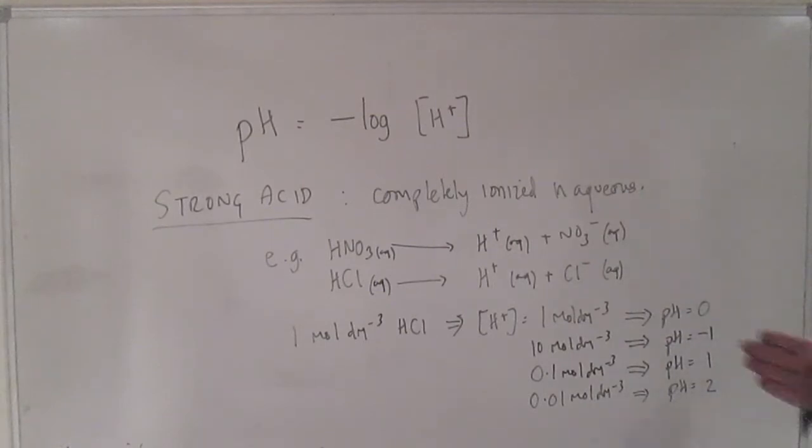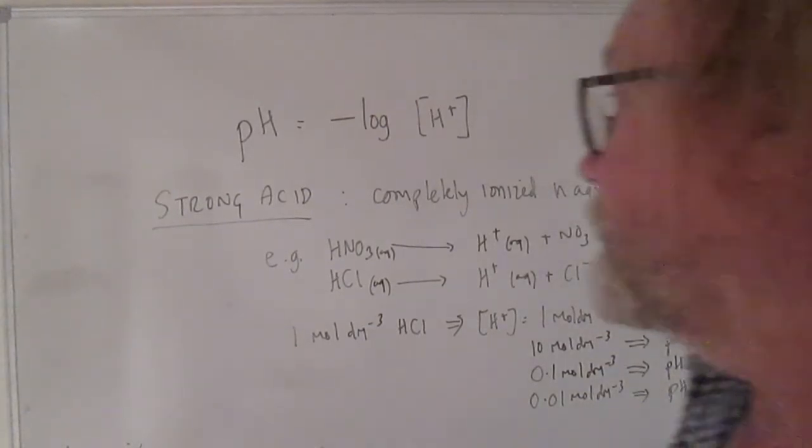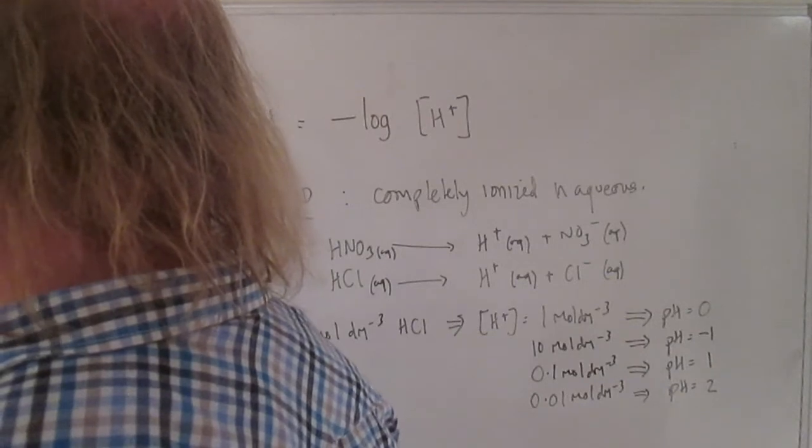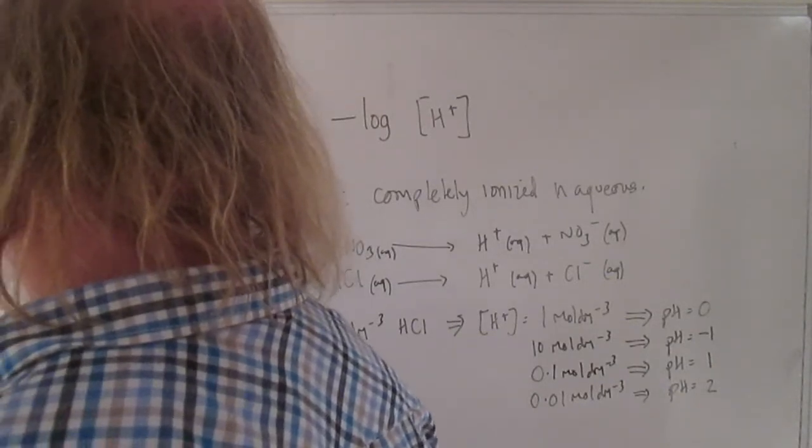So for numbers which are not round multiples of 10 like that, you need to use your calculator, obviously, to get what the pH is. So the important thing is just to try it and make sure that you and your calculator understand one another. So let's take, for example, an H plus concentration of 0.7 moles per dm cubed.